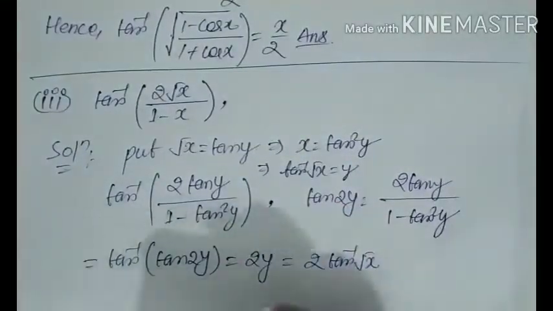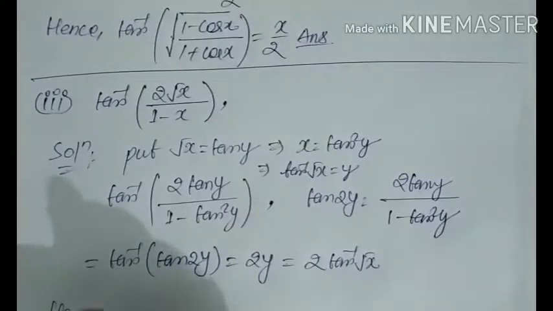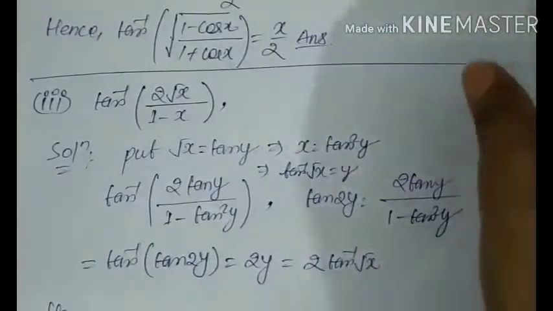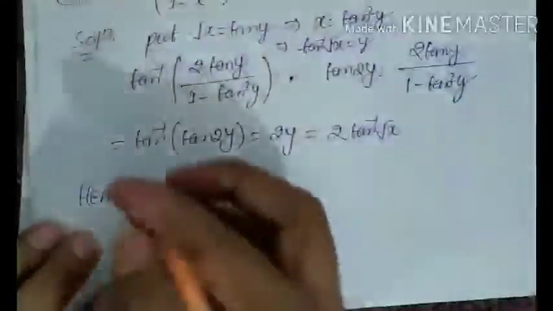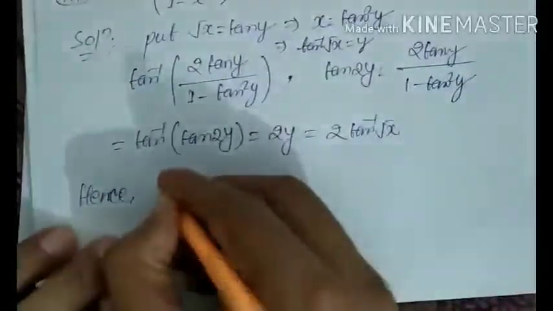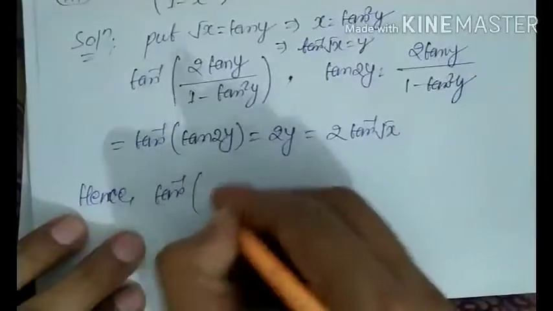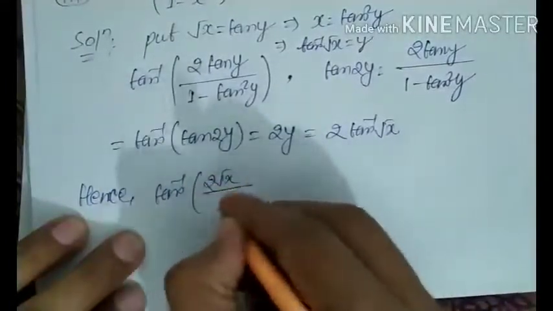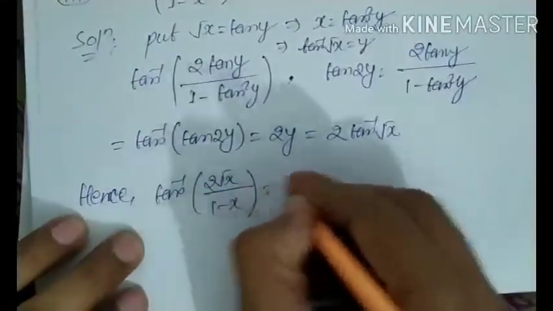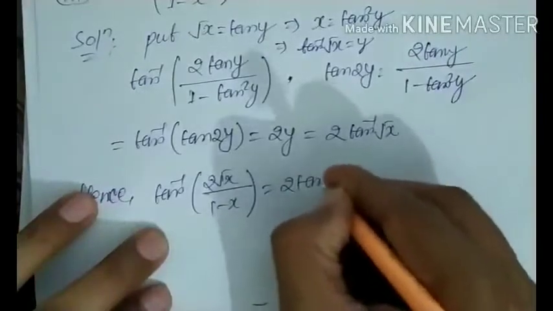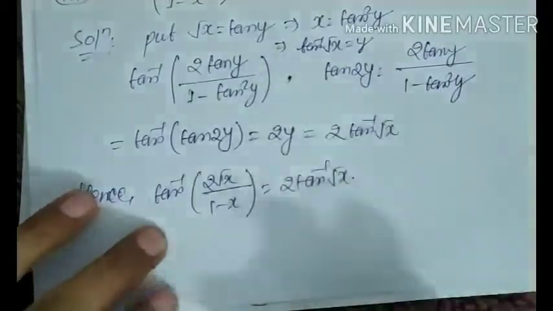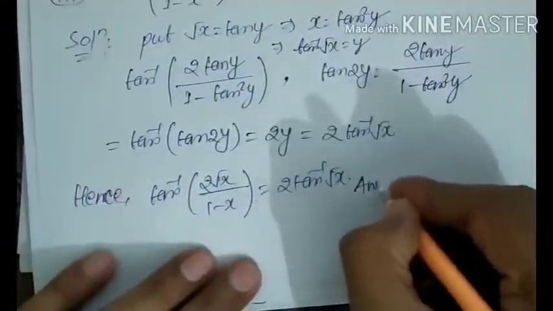Okay, the answer will be tan inverse 2 root over x upon 1 minus x is equal to 2 tan inverse under root x. Okay, this is our answer.